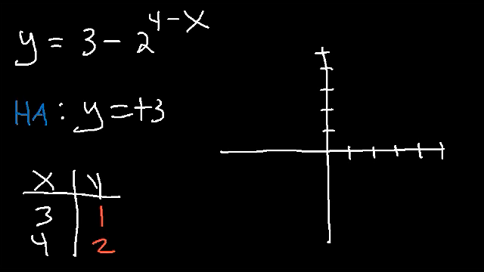Let's start with the horizontal asymptote at y equals 3. And then we have the point 3, 1, which is over here, and also 4, 2. Now keep in mind, the graph always starts from the horizontal asymptote. This time, it's going to start here and go this direction.